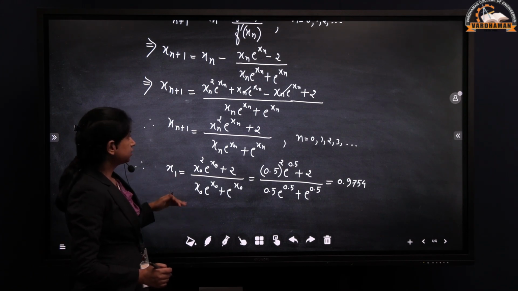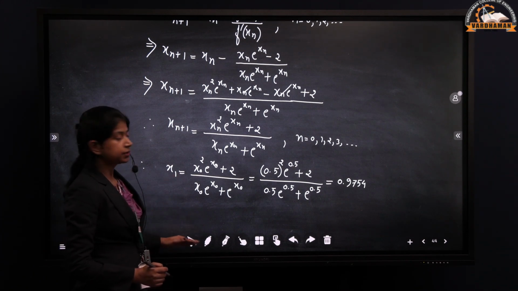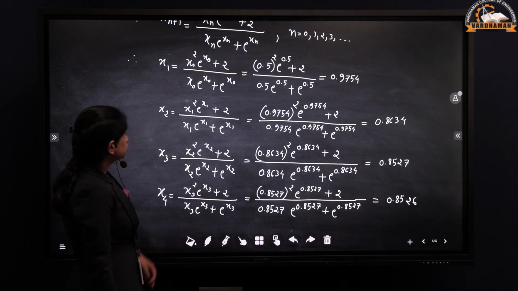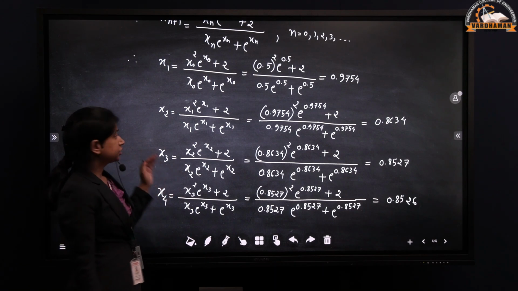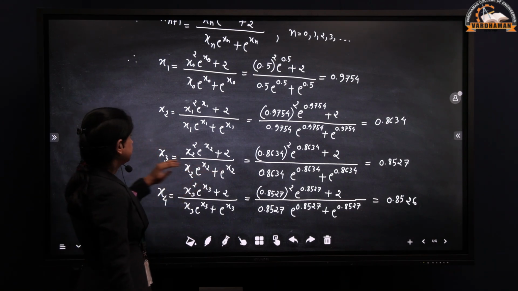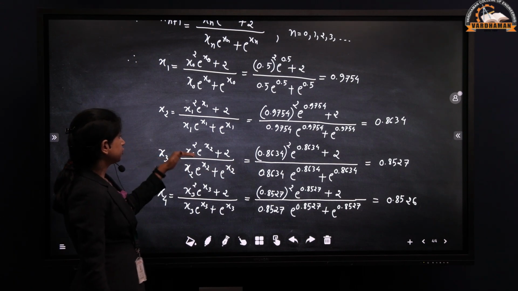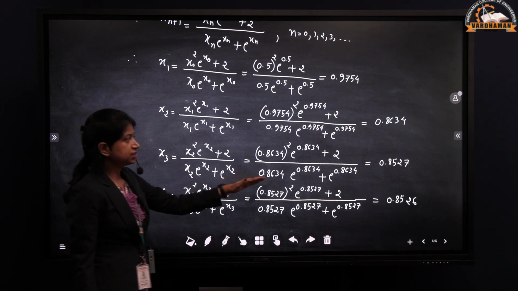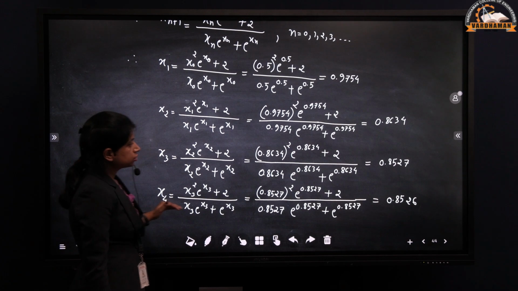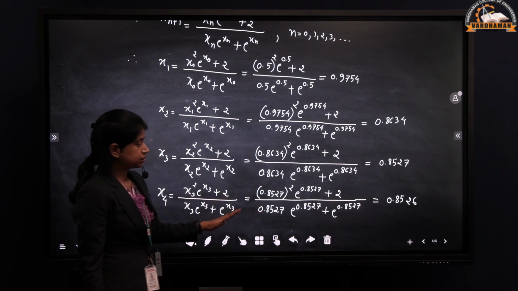Then we will get the third approximation, fourth approximation and so on. Now let us find the second approximation. So we are getting the successive approximations. x2 is equal to 0.8634. Then we put that 0.8634 in place of x2 here, so we are getting x3, that is 0.8527. Then x4 is 0.8526.